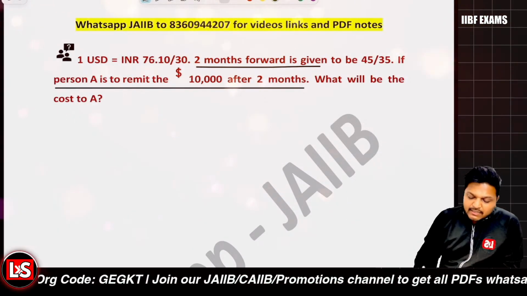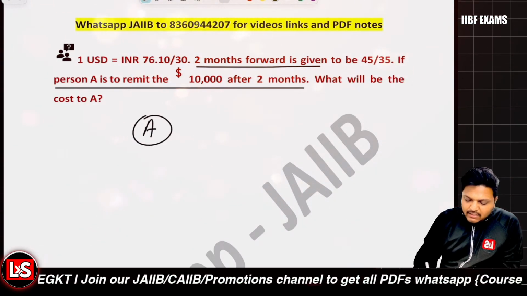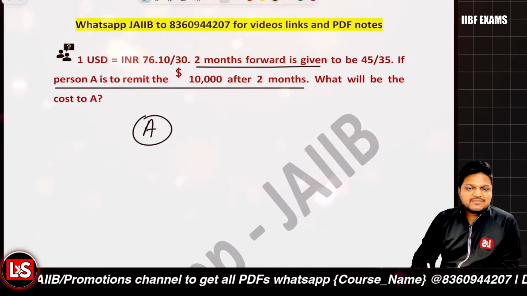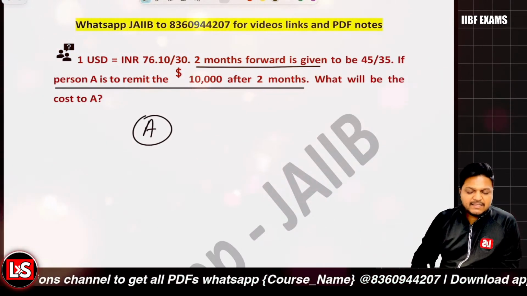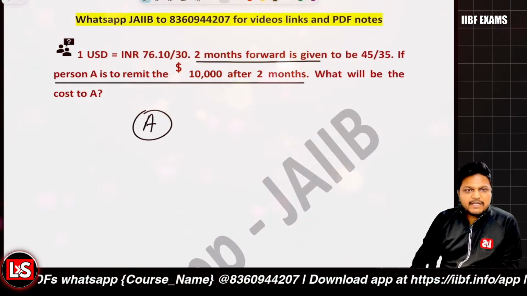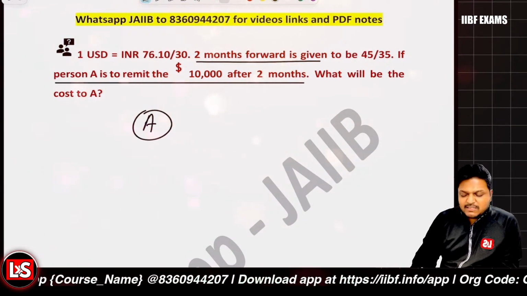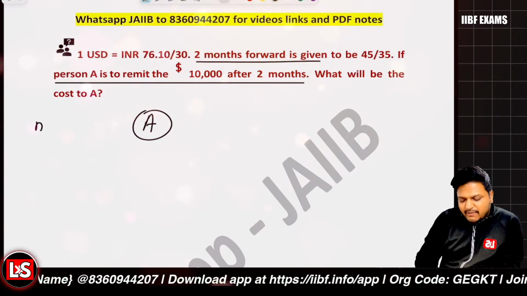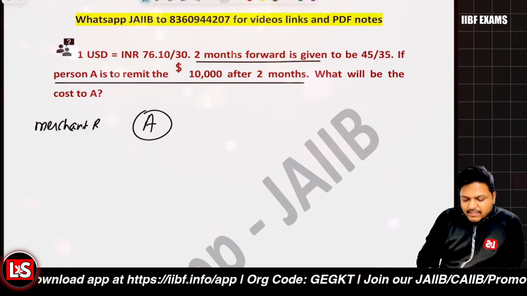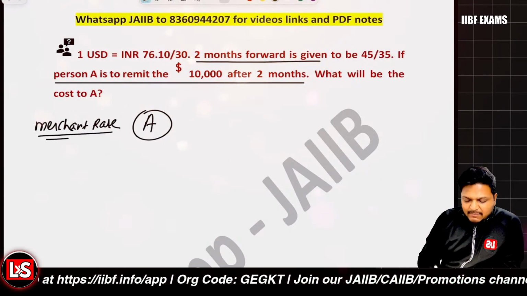Now here, person A is to remit the money, meaning what rate would be applicable? Merchant rate or interbank market rate? Do confirm at the earliest. Now, when the customer is involved, it will be the merchant rate which will be applicable.